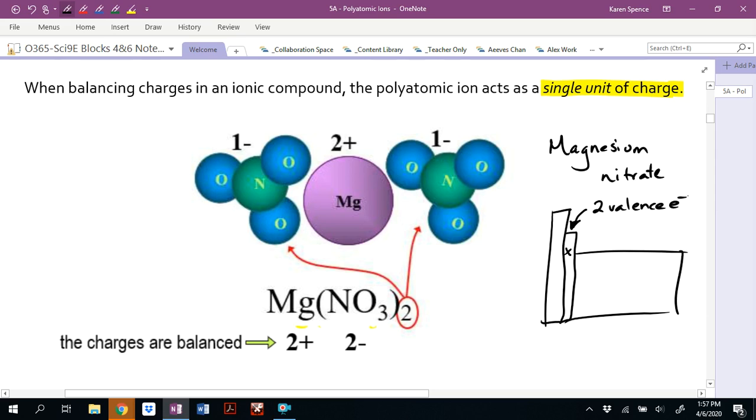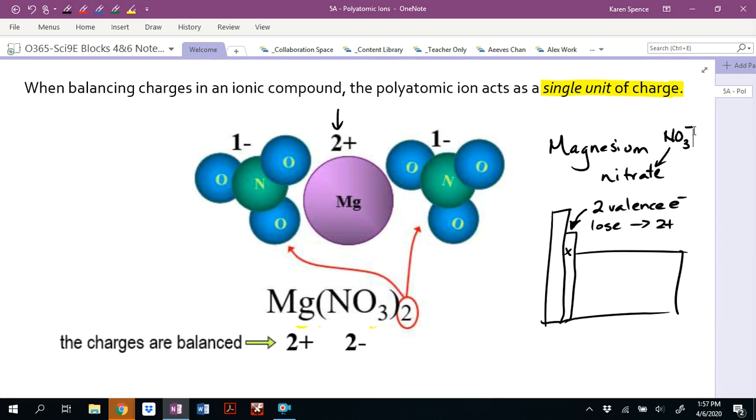And so when they become an ion, they will lose those two and they will become 2 positive. So our magnesium here has a 2 positive charge. Our nitrate, which is NO3, has a negative charge. If we write a negative like that, it's just -1.